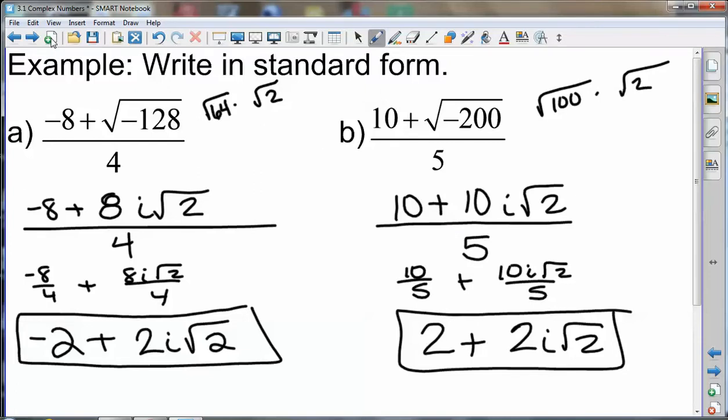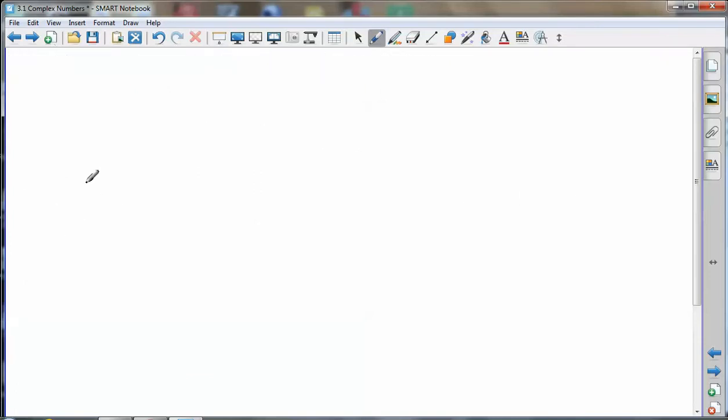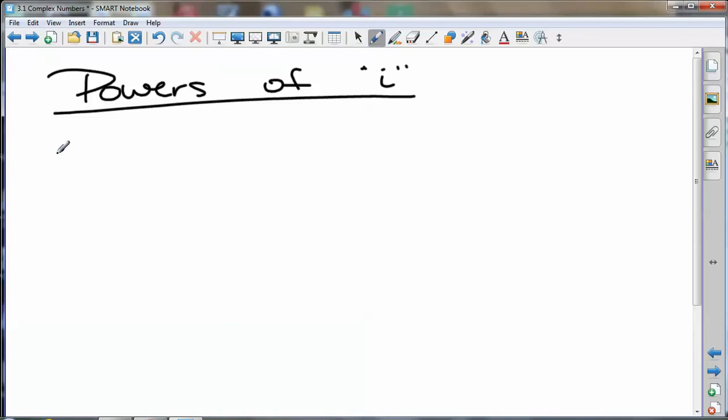The last thing I want to talk about: if I give you I squared, what does that turn into? Negative 1. What if I gave you I to the third?